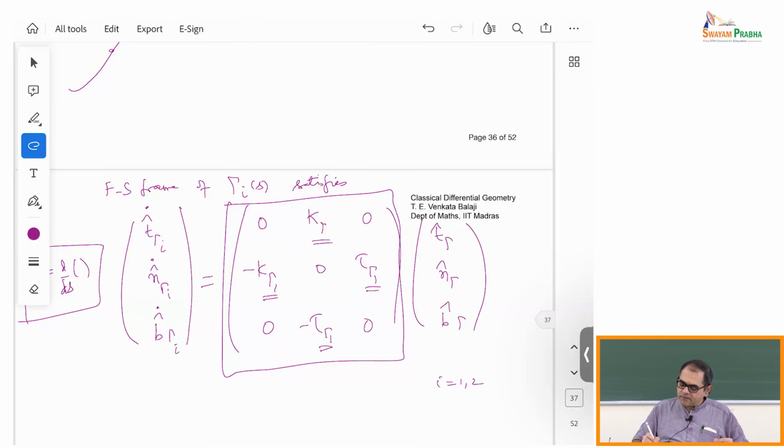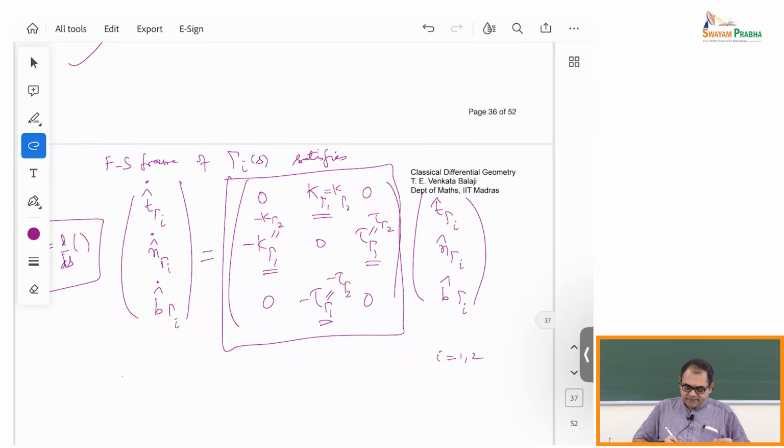If I put it for i, then the matrix here has k of gamma 1 the same as k of gamma 2, minus k of gamma 1 the same as minus k of gamma 2, tau of gamma 1 the same as tau of gamma 2, and minus tau of gamma 1 the same as minus tau of gamma 2. So the Frenet-Serret frames of gamma i of S satisfy the same differential equation.